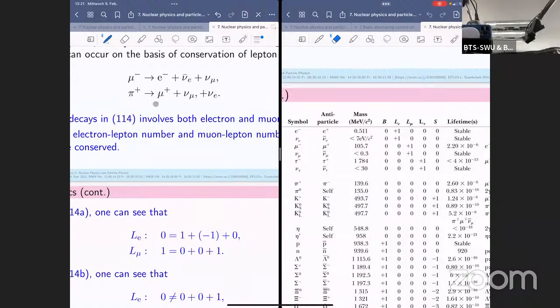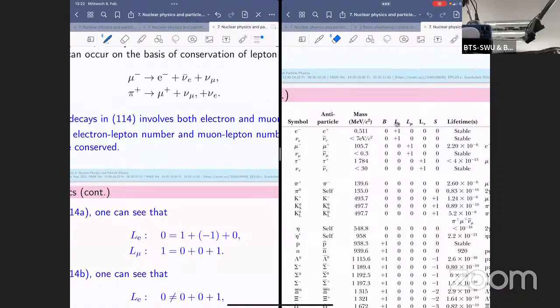The pion will decay into the anti-muon, right? It's muon plus, and we have also the muon neutrino and the electron neutrino. Let's take a look at these, whether it's valid or not.